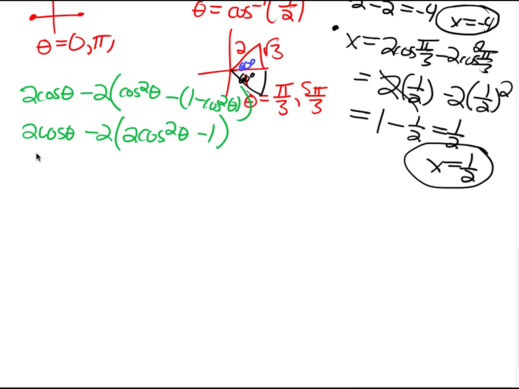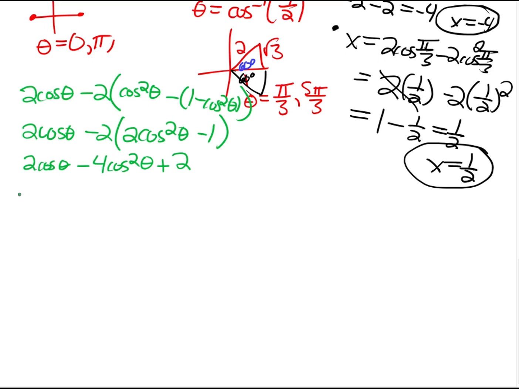Okay, so then we're going to distribute the 2, and we'll get 2 cosine of theta minus 4 cosine squared of theta. Negative 2 times negative 1 is 2. Alright, so that looks like a parabolic thing, which we probably want to factor. So I'm going to turn it around, and it looks like they all share 2 as well, so I'm going to take 2 out.